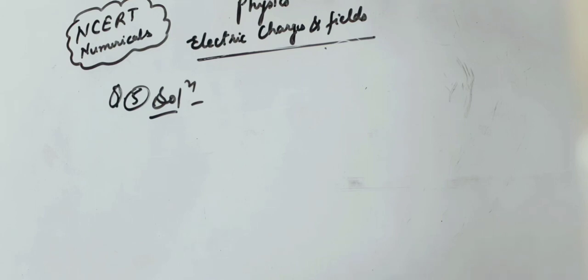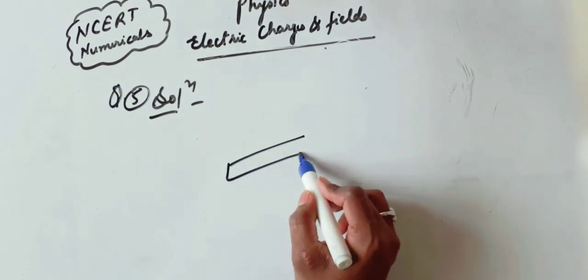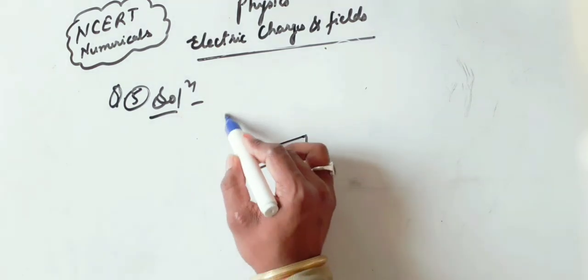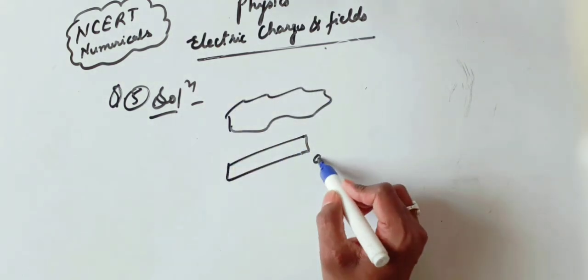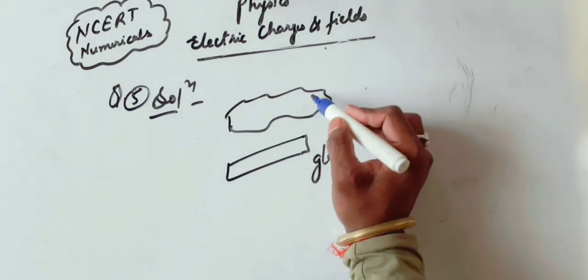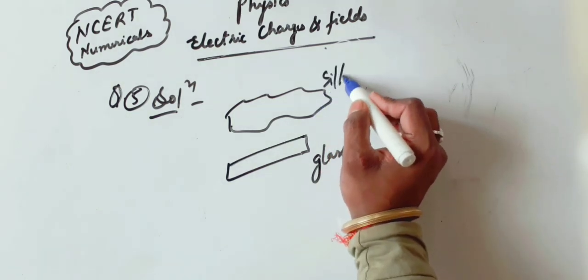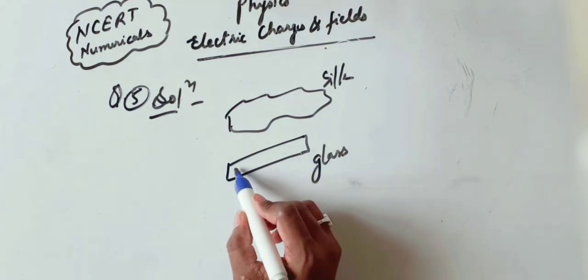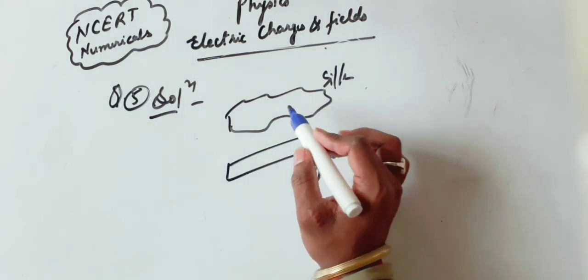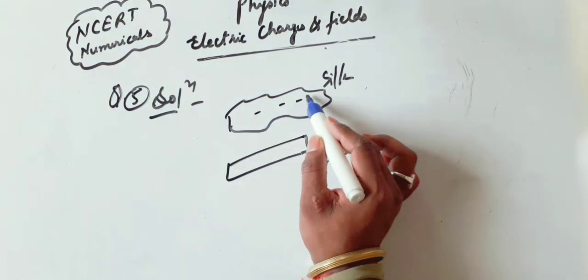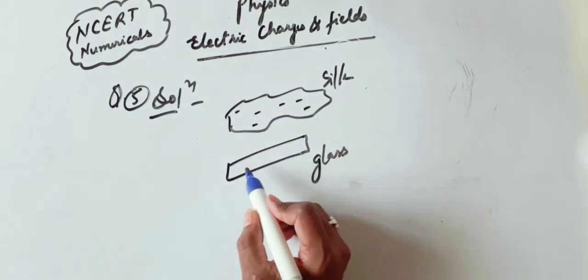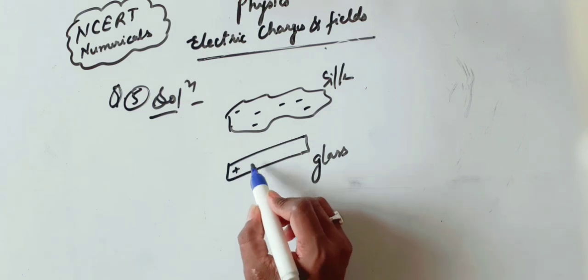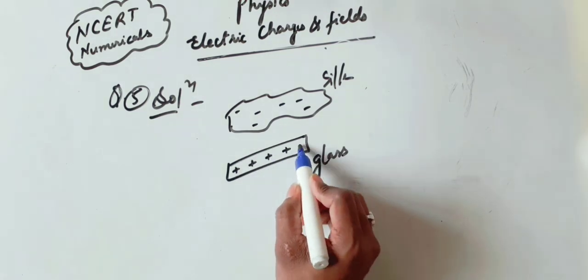When a glass rod is rubbed by a silk cloth, the number of electrons gained by silk will always be equal to the number of charges lost by glass.